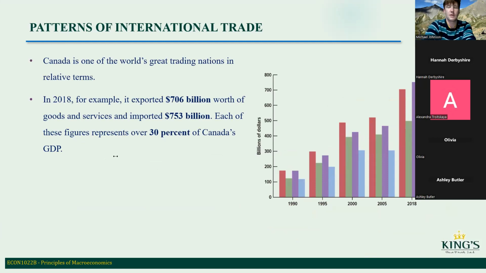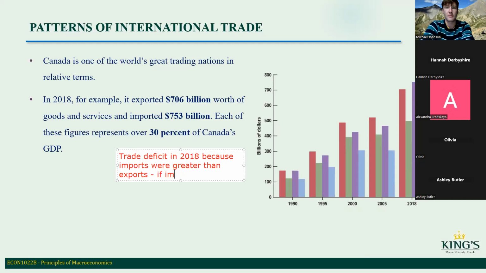So here, they had a trade deficit in 2018 because imports were greater than exports. So if imports are greater than exports, net exports are negative.